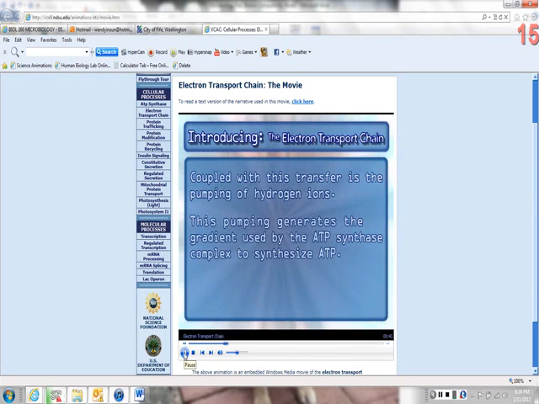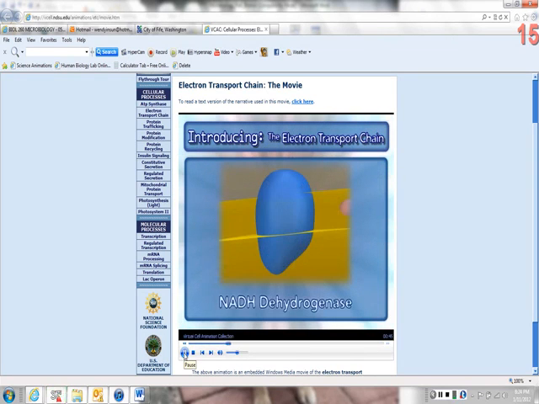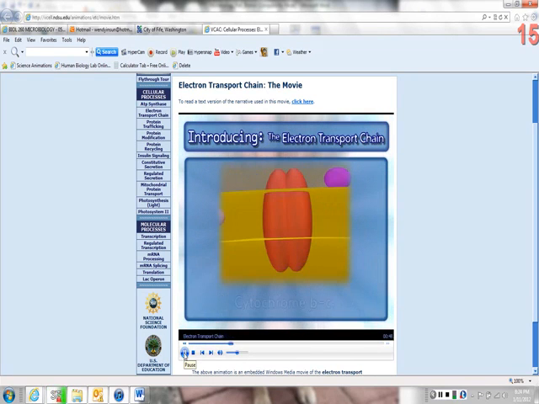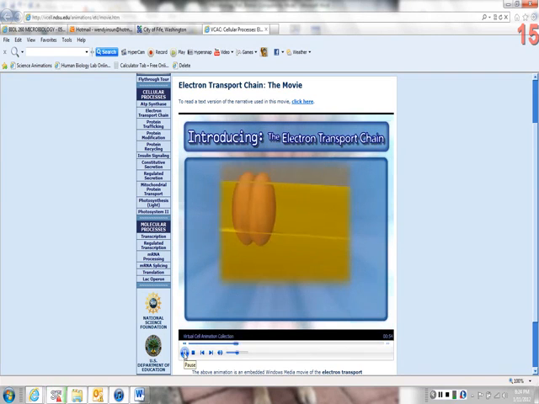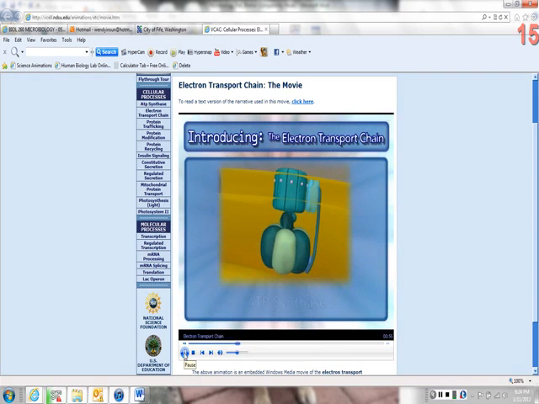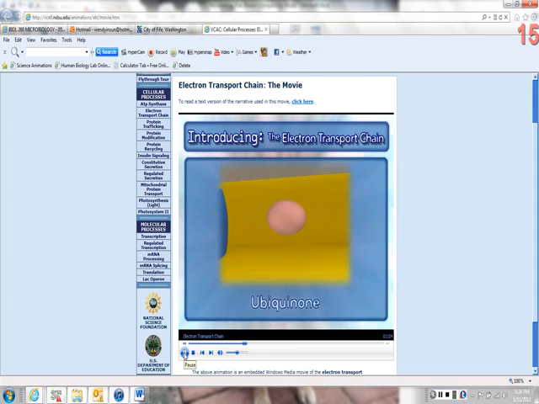The following complexes are found in the electron transport chain: NADH dehydrogenase, cytochrome BC1, cytochrome oxidase, and the complex that makes ATP, ATP synthase. In addition to these complexes, two mobile carriers are also involved, ubiquinone and cytochrome C.